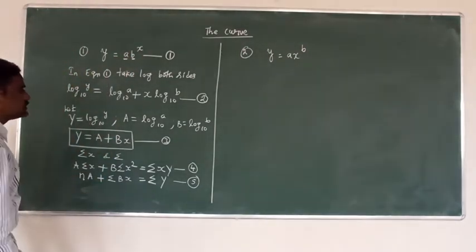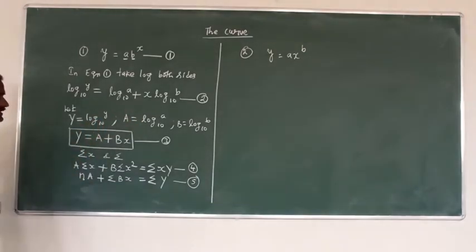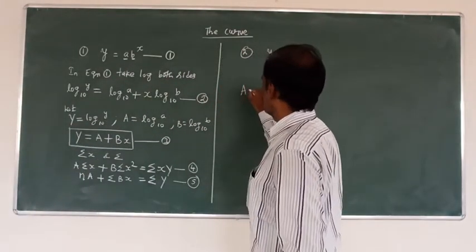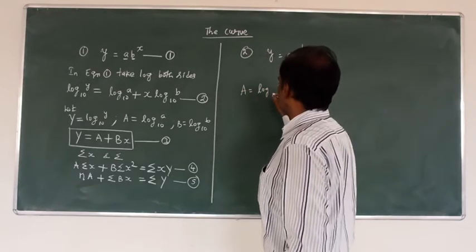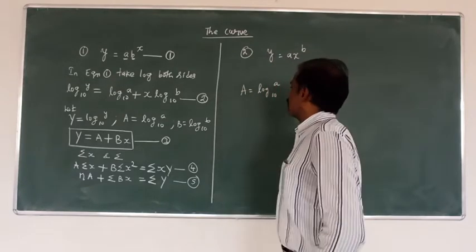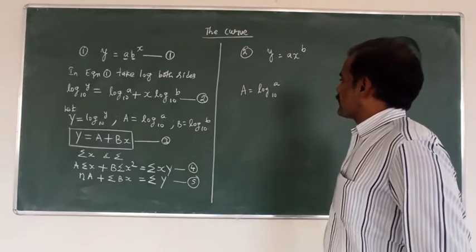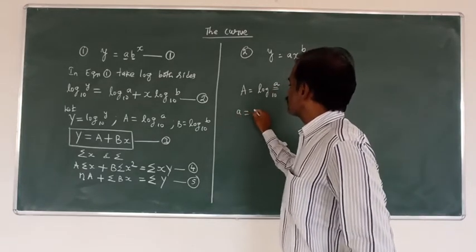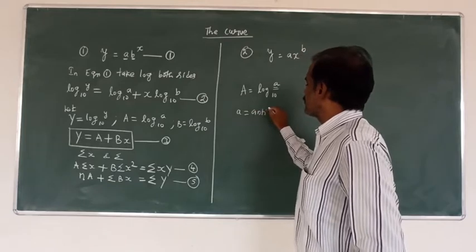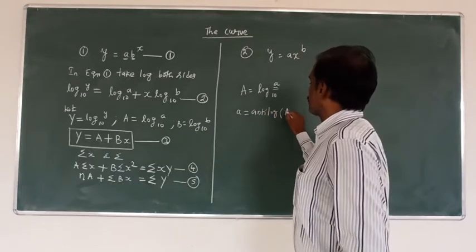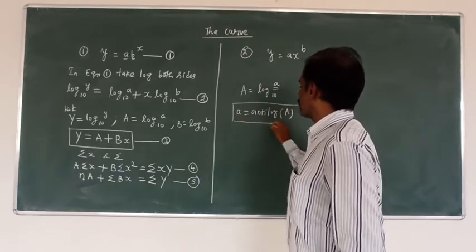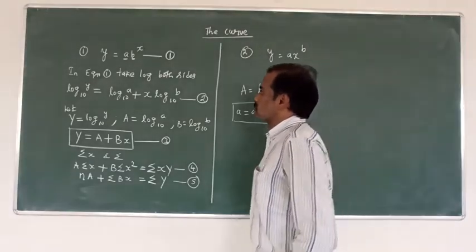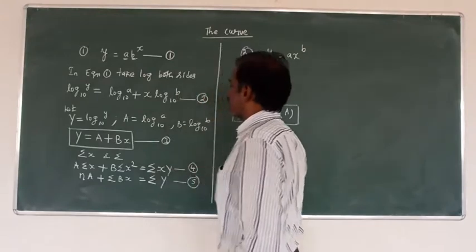For that, capital A equal to log 10 power small a, but in the formula required small a equal to anti log of capital A. This is the format we can find out the small letter a and small letter b.